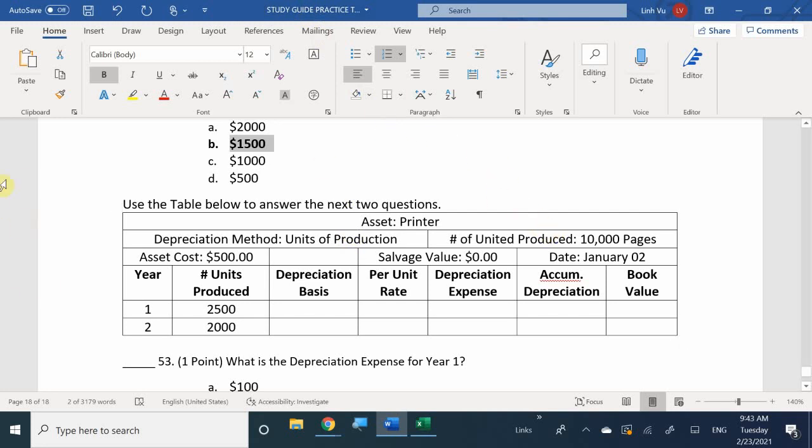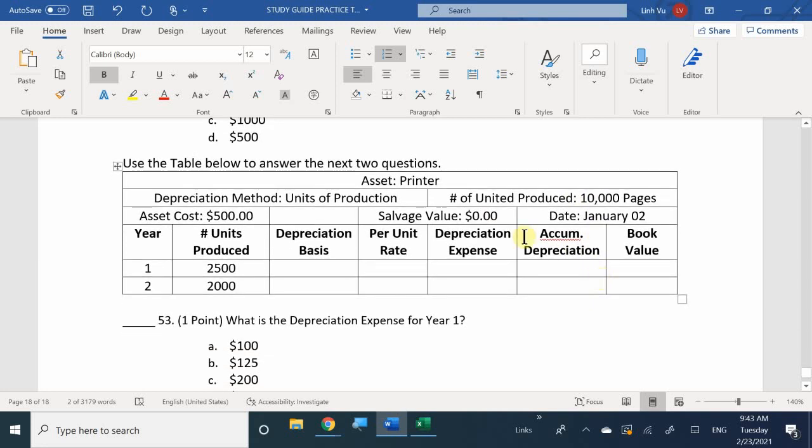And I have an asset cost of $500. My salvage value is 0, with the date placed into service being January 2nd. So in this case, since I'm depreciating it for the whole year, here are the units that it produced that year. So what is now going to be my depreciation basis?